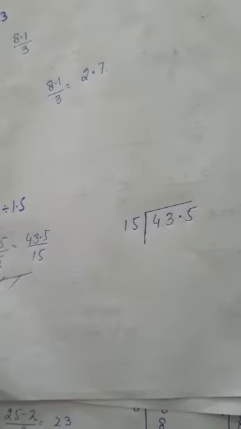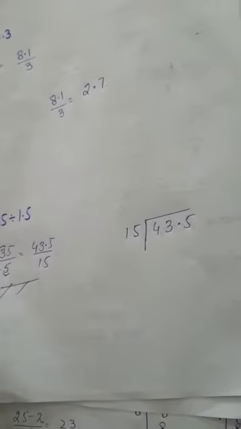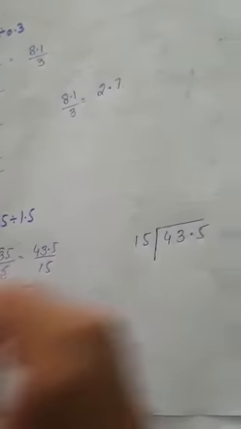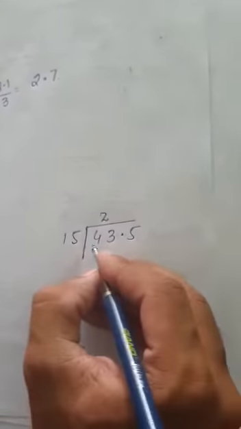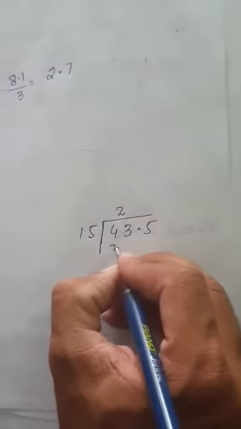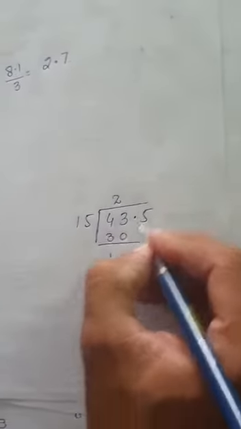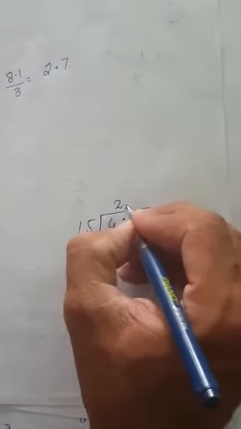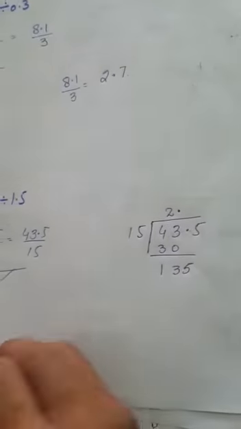As you can see, we need to recall the table of 15. So 15 ones are 15, 15 twos are 30, and 15 threes are 45. So 45 is larger than 43. That means we need to write 2. 15 twos are 30. Okay, 13, and after this we have the point. This point will be written in the answer, and this 5 will be brought down.